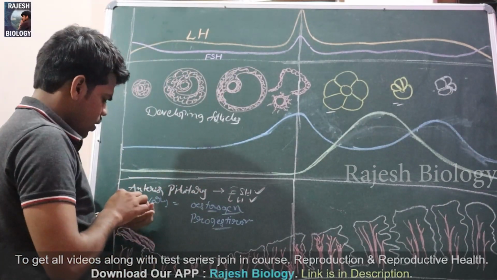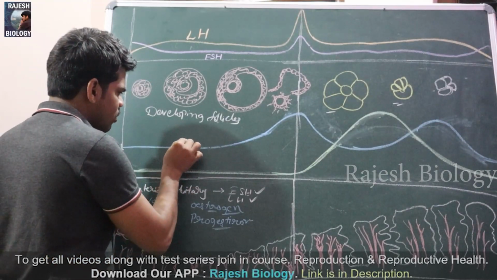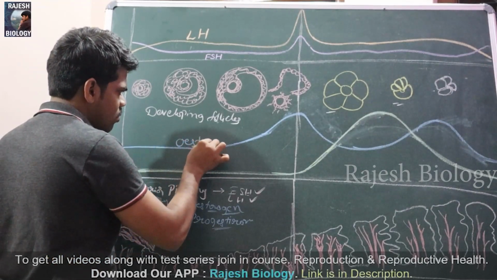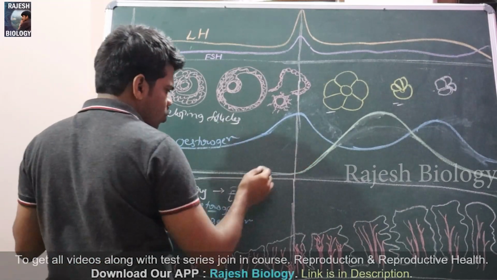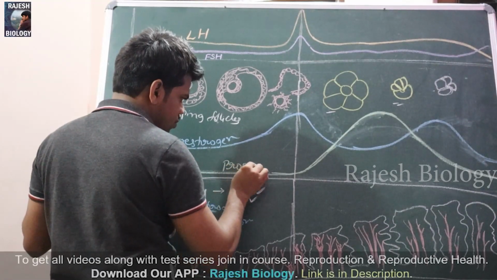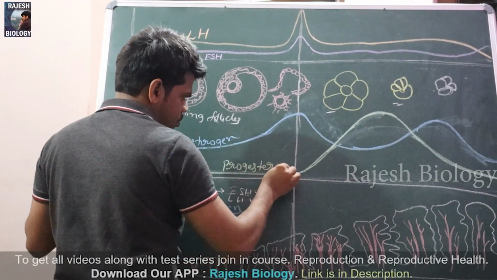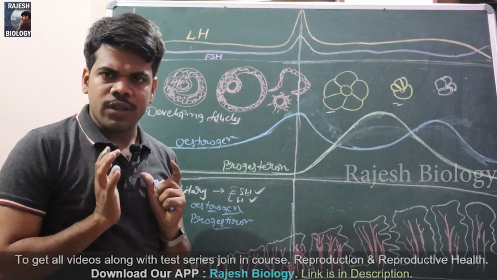Now here I draw one line with blue color. This is estrogen, and another color line that I draw here is progesterone. So this is the information related to the hormones.